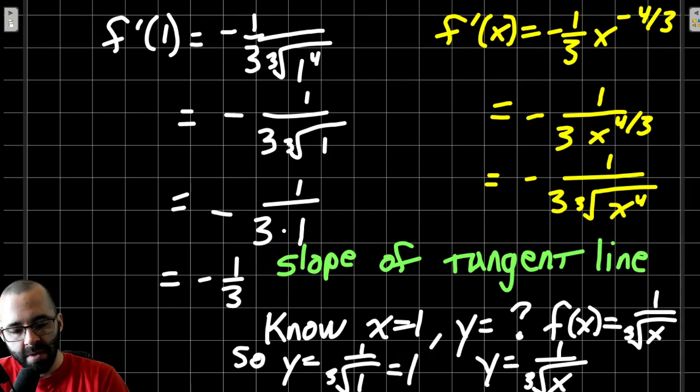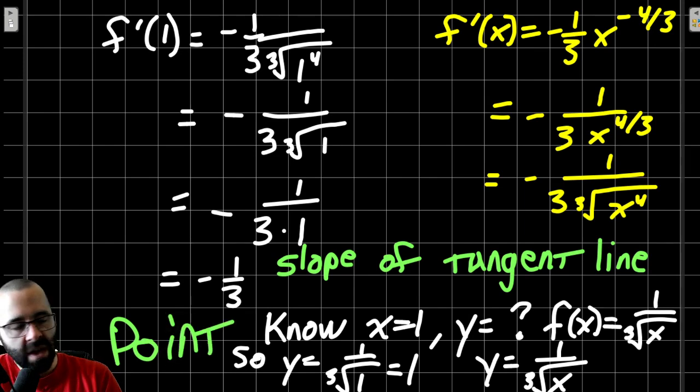So we have the slope. We have the slope now. We have the point now. We can use point slope form. All right, so the slope's negative 1/3. Let's write that down.